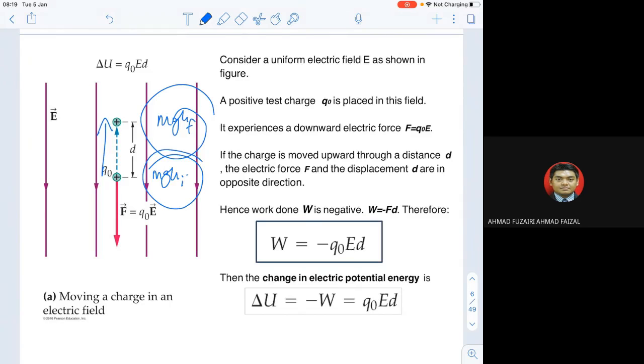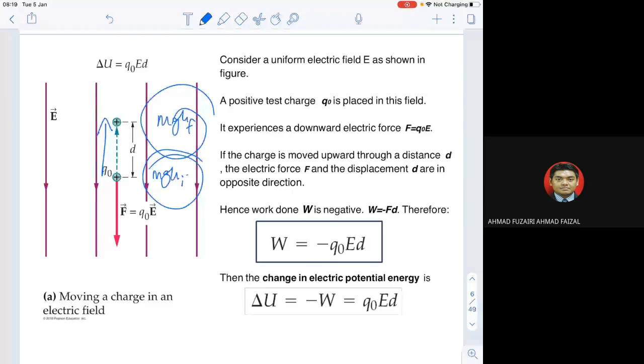The final should be greater than the initial, because we go against some force. In this case it is the electric force, not the one from the human bringing up the ball.